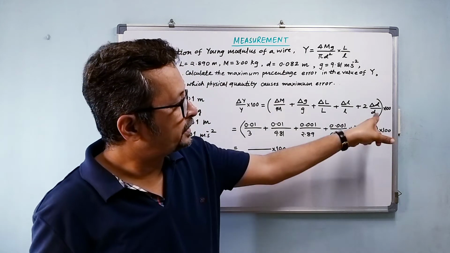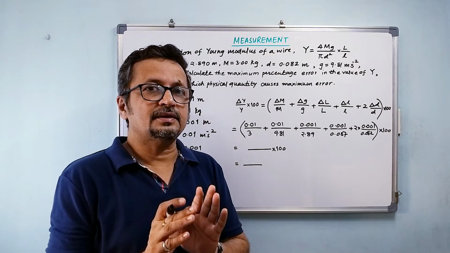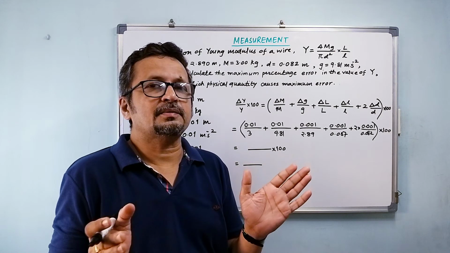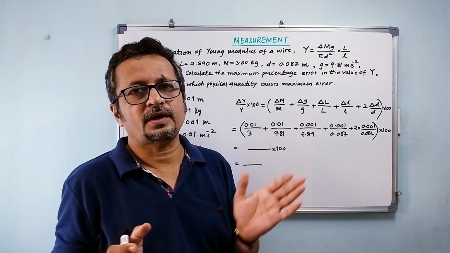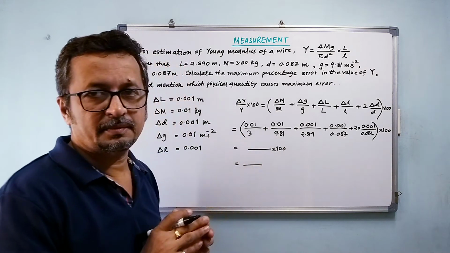What I see is that delta D upon D is the maximum error causing component here. So I would say quantity D is causing maximum error.